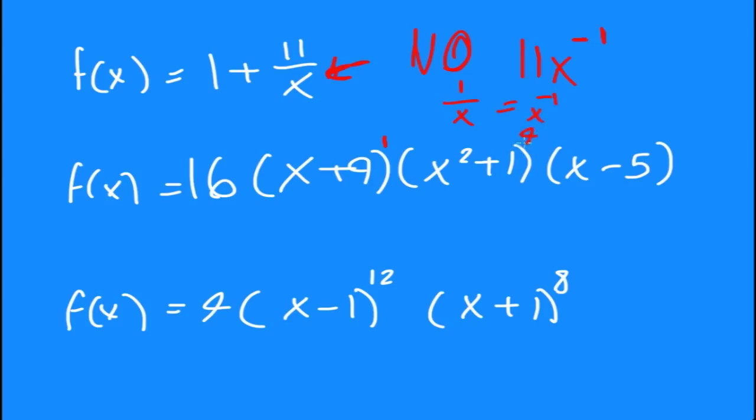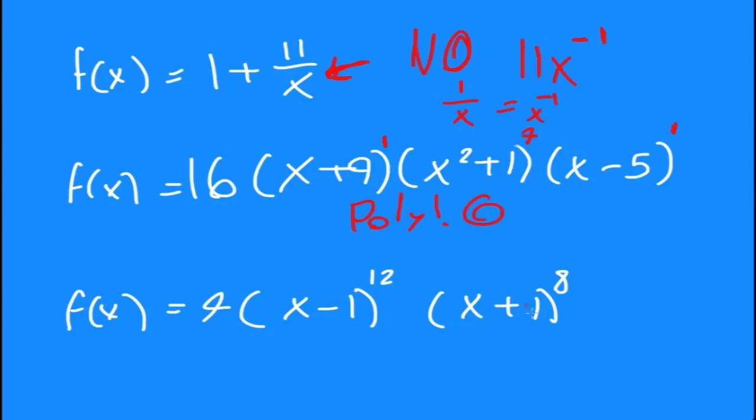This is a degree 4 because we had a square here. And we have a degree 1 here. So the degree of this whole polynomial would be 1 plus 4 plus 1, 6. Polynomial, degree 6.